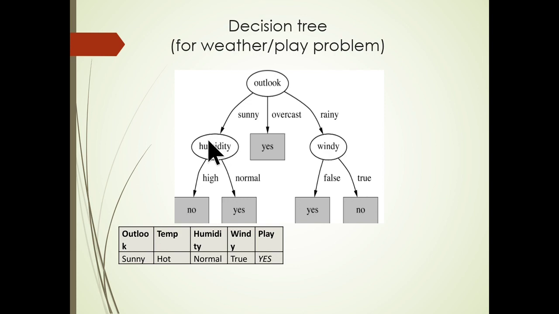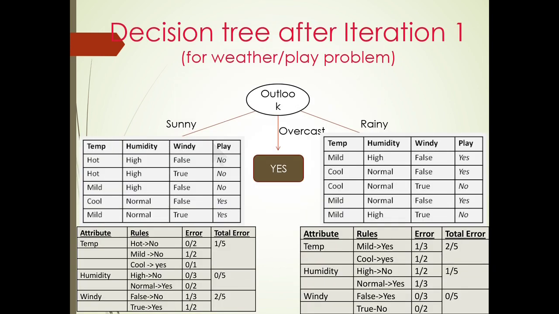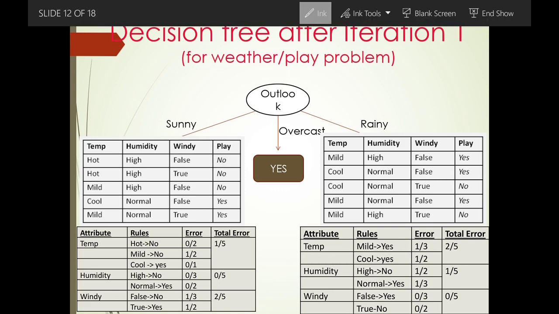Why is humidity chosen? In the previous table, humidity has total error 0 of 5, so it is chosen as the subtree of sunny.